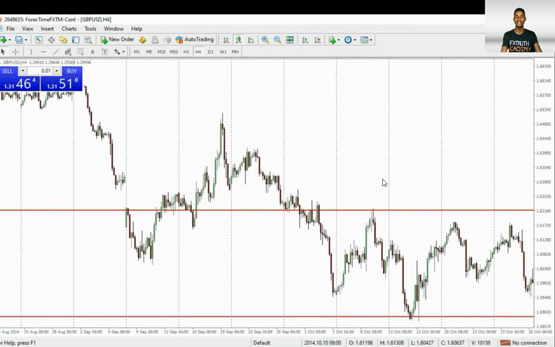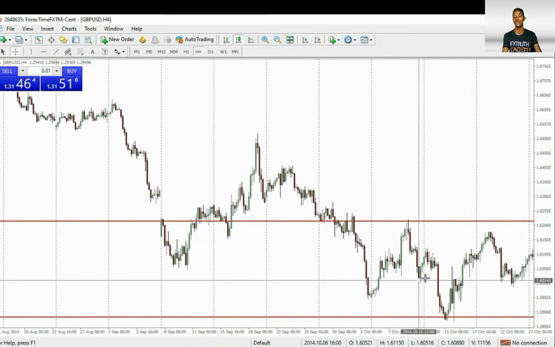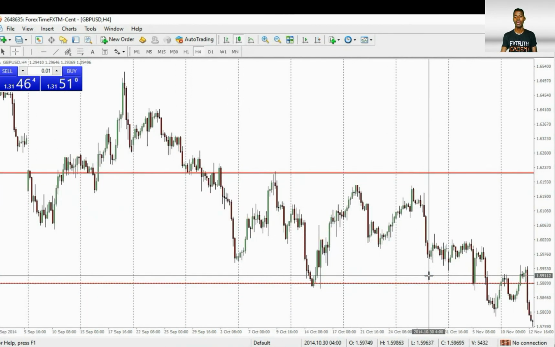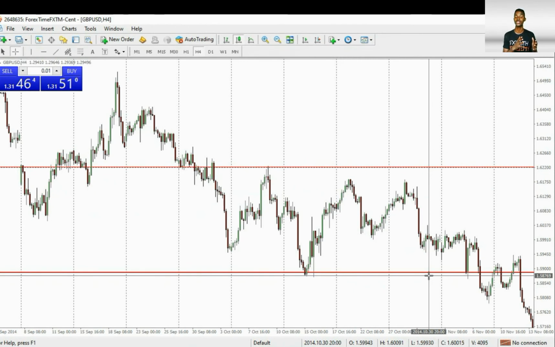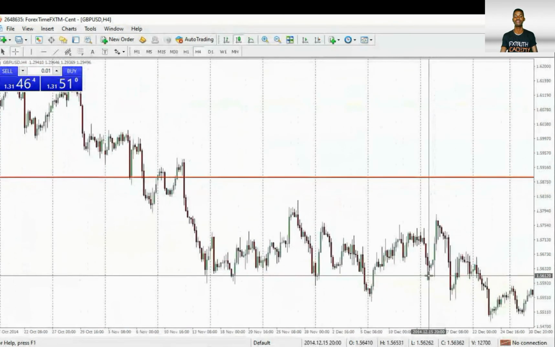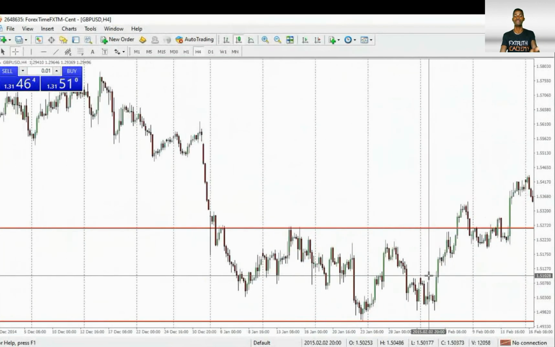So after this declining stage over here, the market formed what we know now as the accumulation stage. But now, after the accumulation stage, as we said based on our teachings, we're expecting what? An advancing stage. If you look here, the market did not do that. The market broke down lower, forming another accumulation stage.